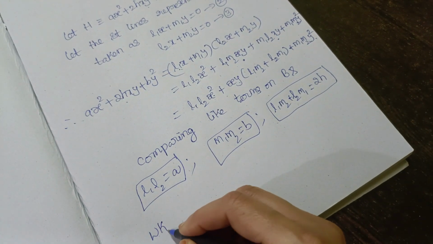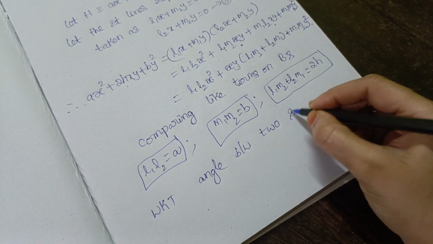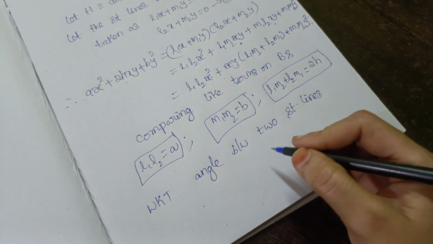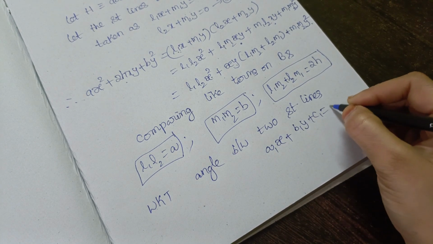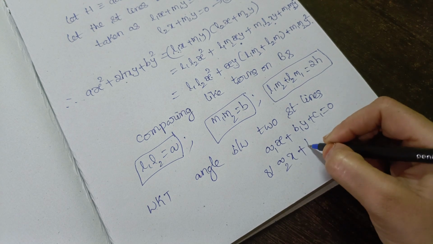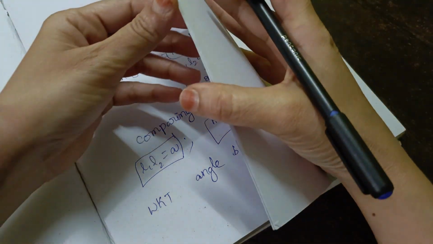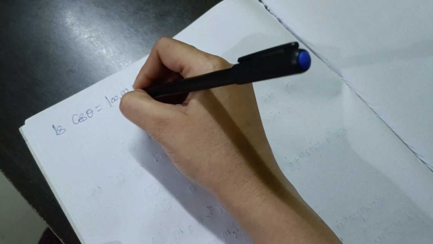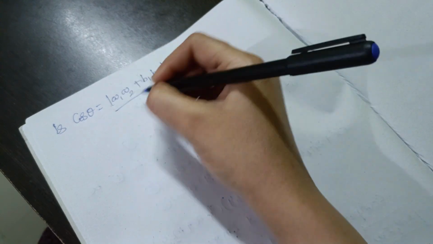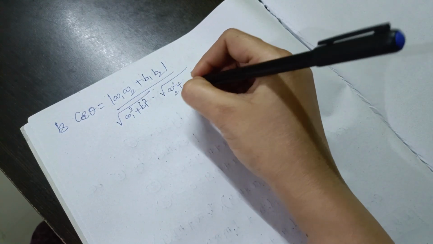Now we know the angle between two straight lines; I am writing the general formula. First of all, the two straight lines should generally be taken in the form a1x plus b1y plus c1 equal to 0 and a2x plus b2y plus c2 equal to 0. As we know, the angle between the two straight lines is given by cos theta equal to mod a1 a2 plus b1 b2 by under root a1 square plus b1 square into under root a2 square plus b2 square.